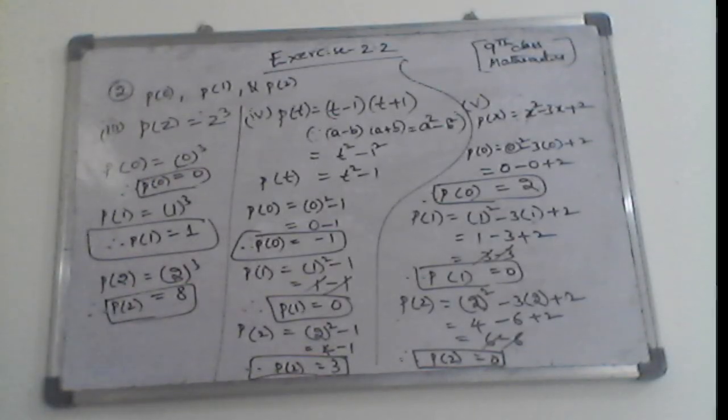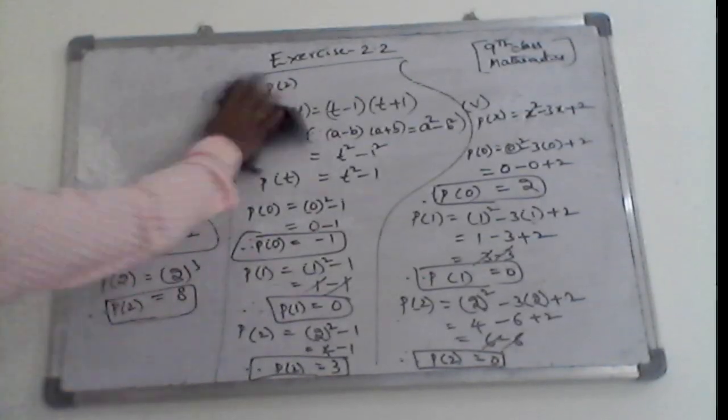These are the explanations for the third, fourth, and fifth questions. Okay. Next one, bit number 3.